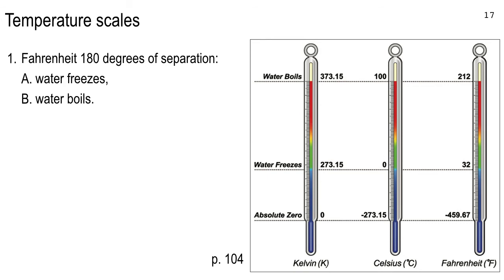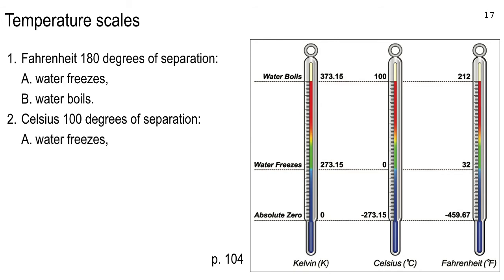Oh, 180 degrees. You think that's a coincidence? No. Celsius, 100 degrees. Celsius is metric, so they went with a power of 10. 100 degrees of separation between the freezing point and the boiling point of water. So that's the middle scale here, this middle kind of thermometer looking thing.